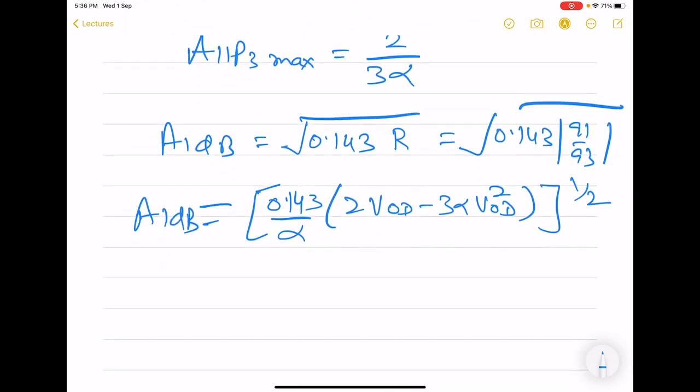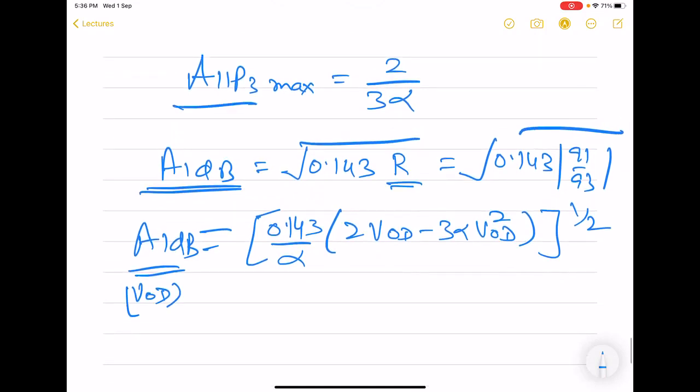And if you want to maximize it, again, we see that this is a function of VOD, so we have to maximize. So maximizing this means maximizing R. So the same value of VOD, which gives rise to the maximum value of IP3, will also give rise to the maximum value of 1 dB.